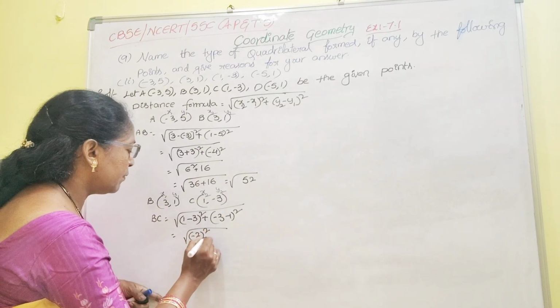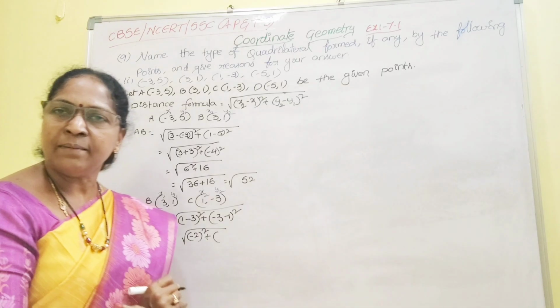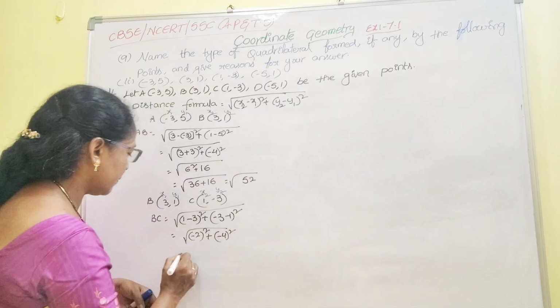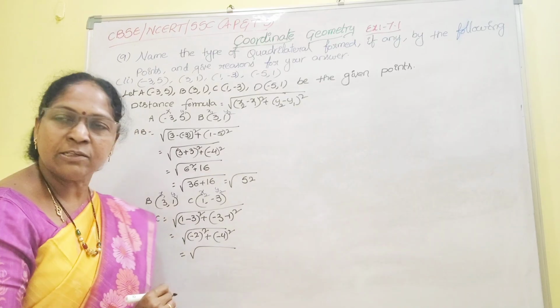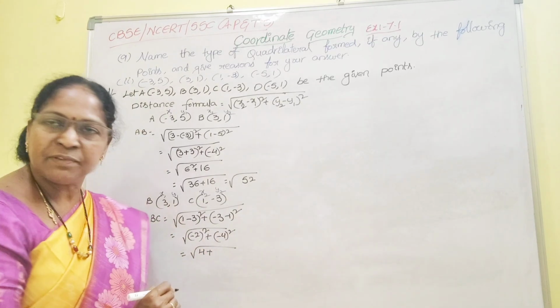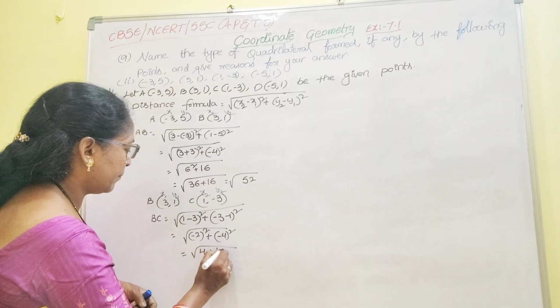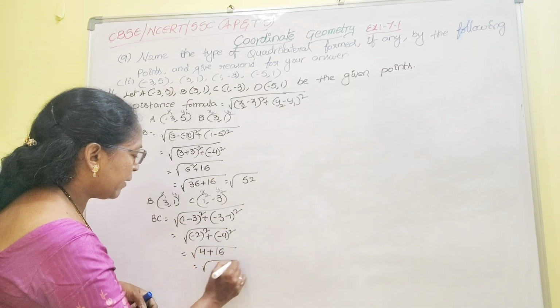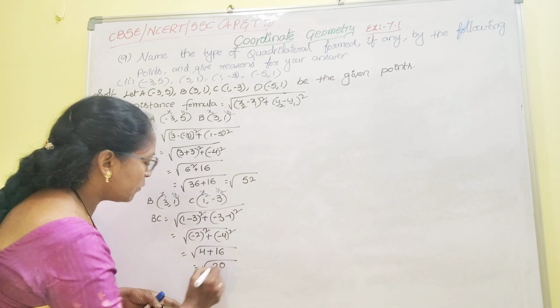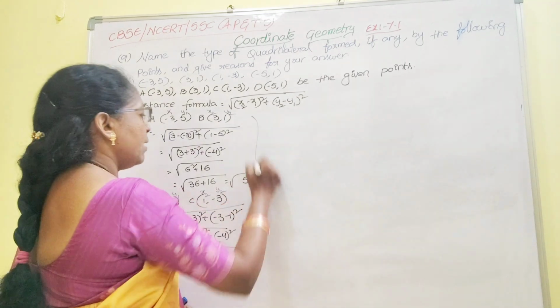Minus 2 whole square is 4, and minus 4 whole square is 16. Square root of 4 plus 16 equals 20. So square root of 20 is the value.